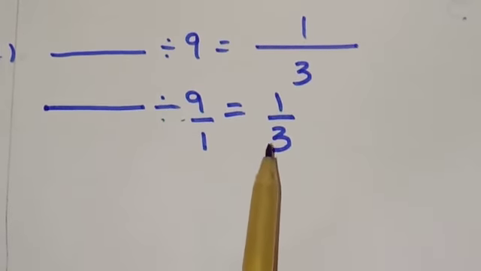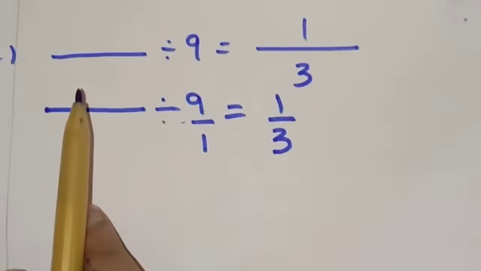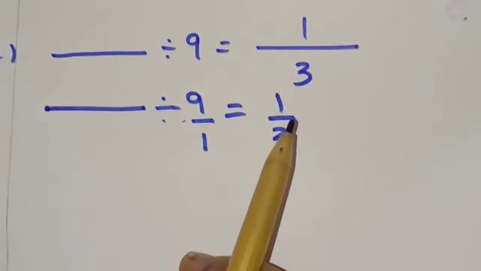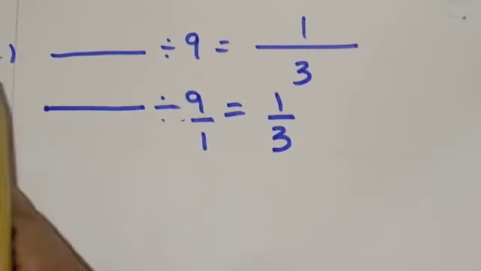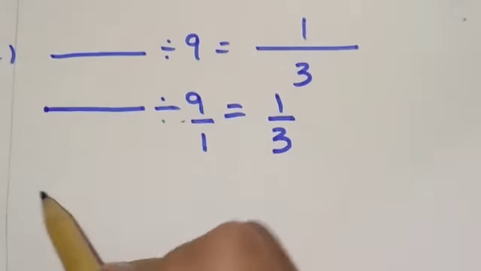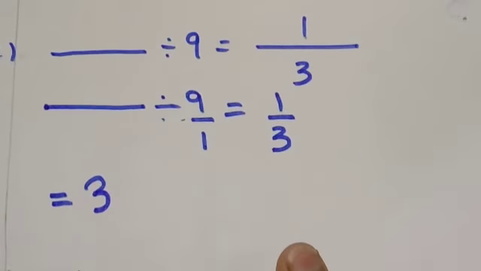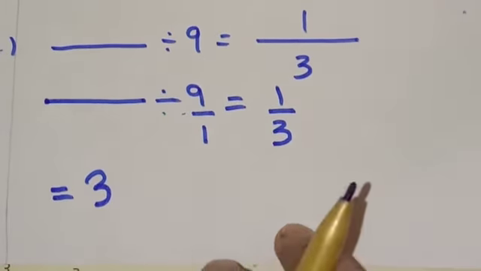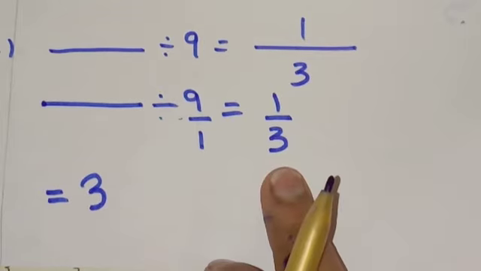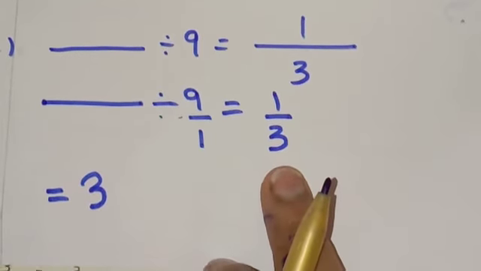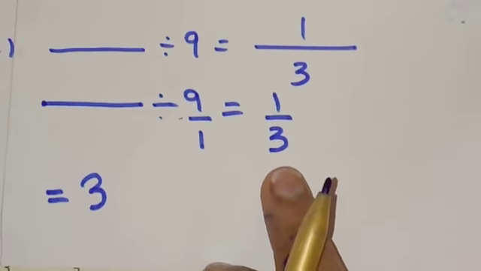So it means it is divisible by its reciprocal, means reciprocal of 1 over 3 is 3. So answer will be 3, right? Answer is 1 over 3. So it means after finding reciprocal it will become 1 over 3.